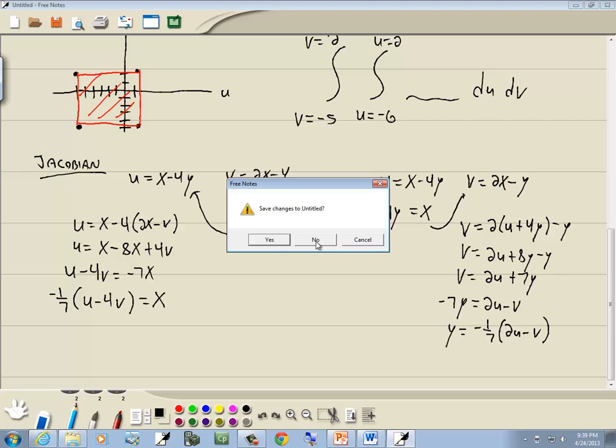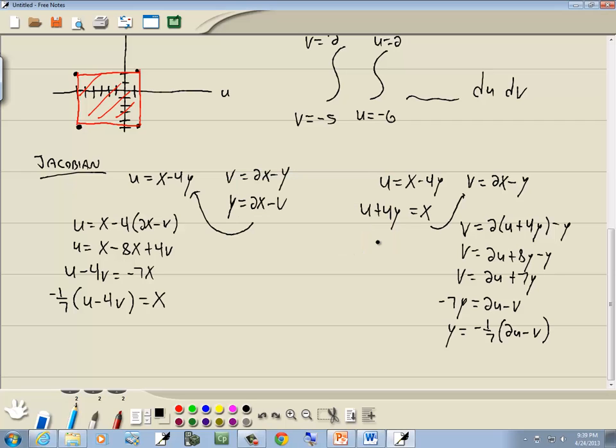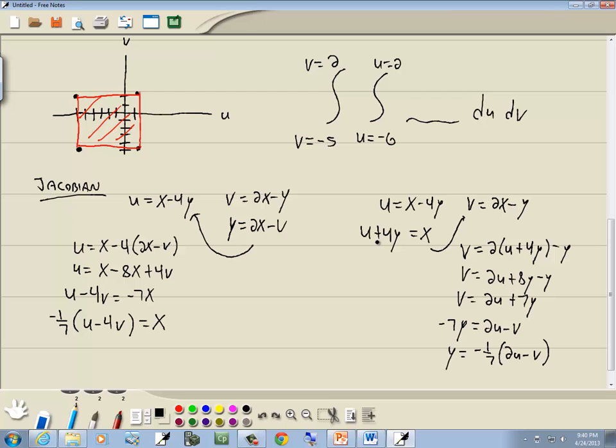Where's my u and v? u is equal to x minus y, v is equal to 2x minus y. Okay, u is equal to 4x minus 4y, v is equal to 2x minus y, and our integration is from v equal to negative 5 to v equal to 2, and from u equal to negative 6 to u equal to 2. Okay.